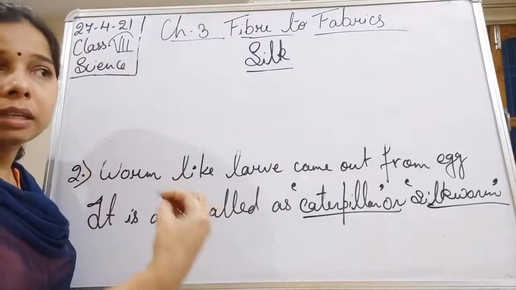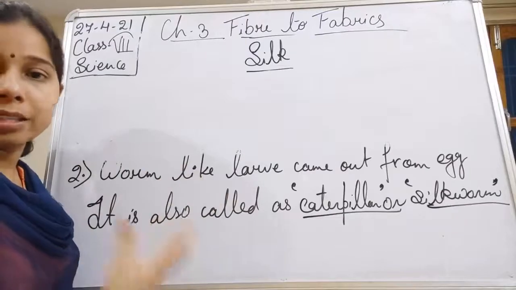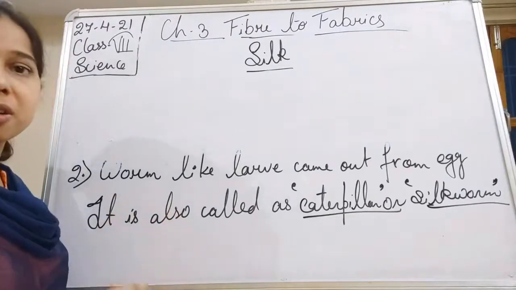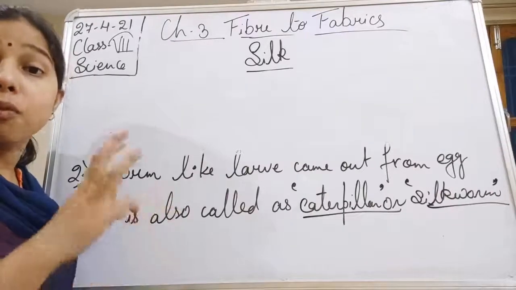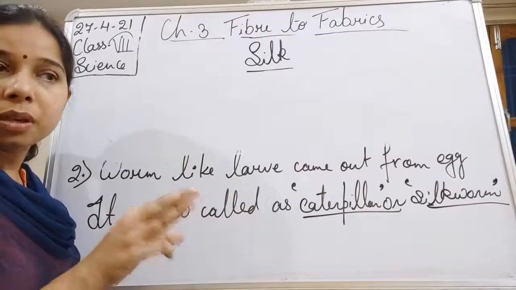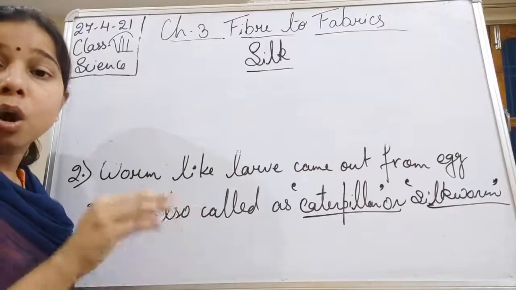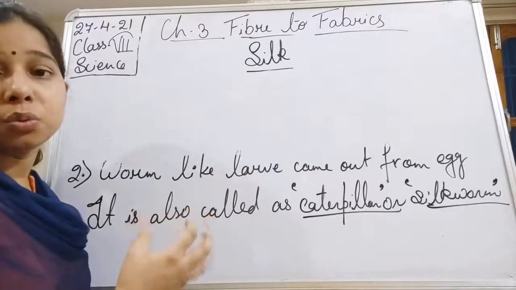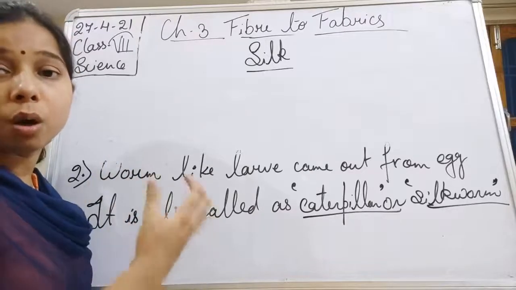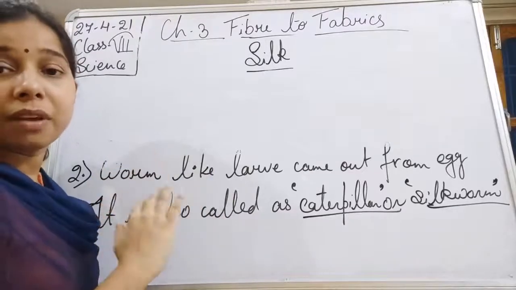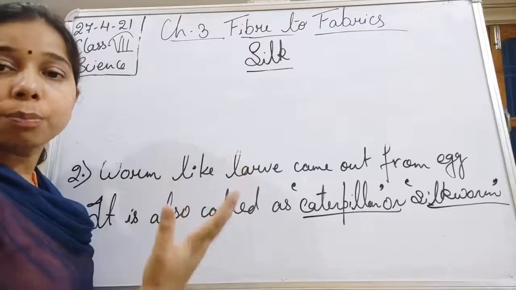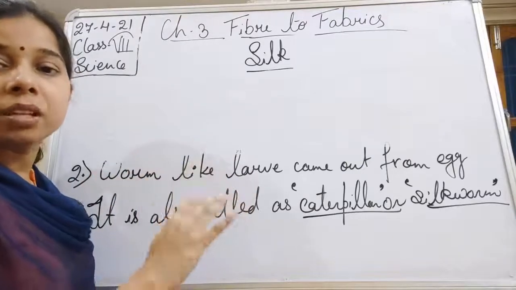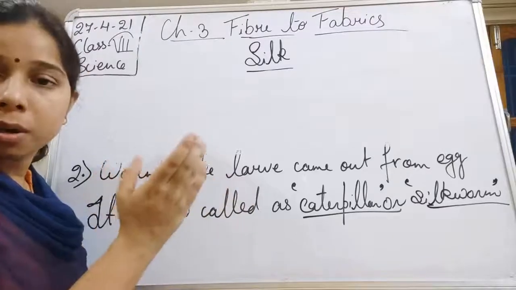The liquid, on exposure to air, solidifies, and this lustrous shiny material formed around it is what we call a cocoon. Why do they make the cocoon, students? They make the cocoon in order to protect themselves when they grow and develop into pupa.